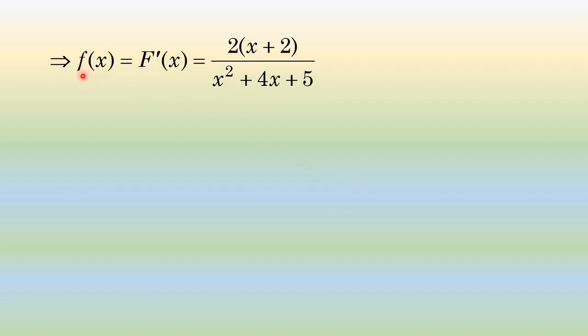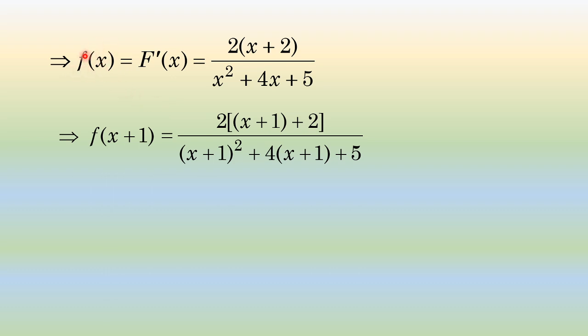Solving for small f of x, we have 2 times the quantity x plus 2 all over x squared plus 4x plus 5, because small f of x is simply big F prime of x.